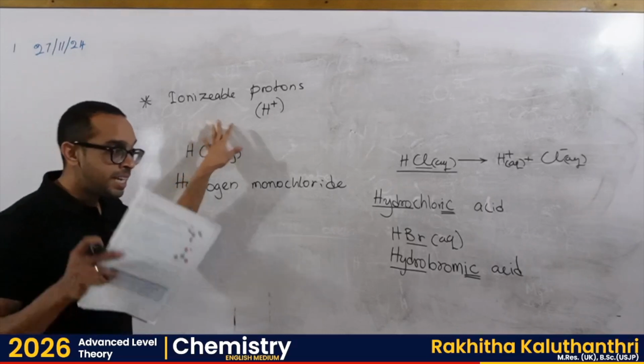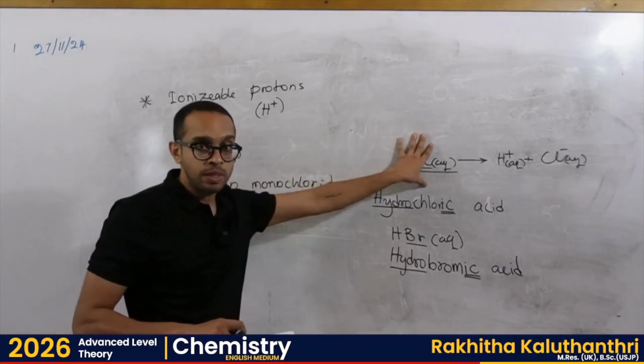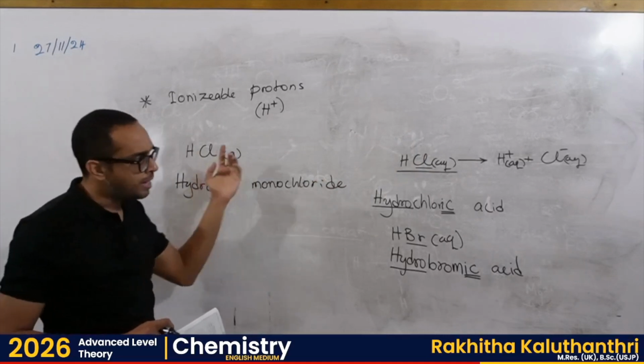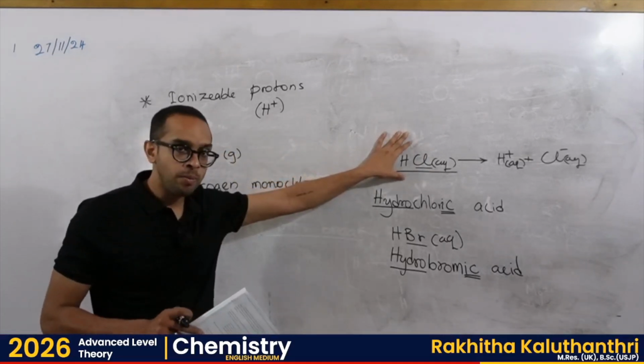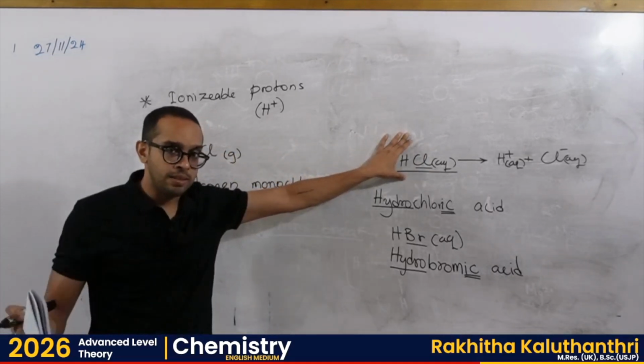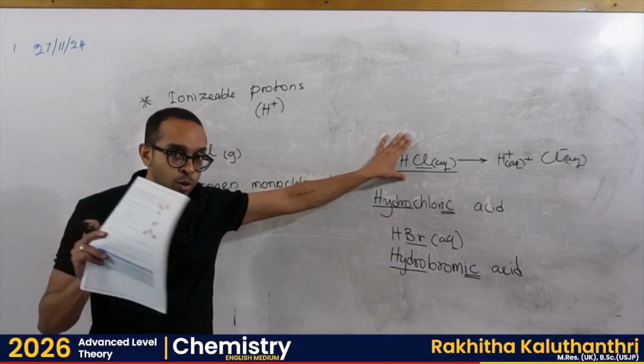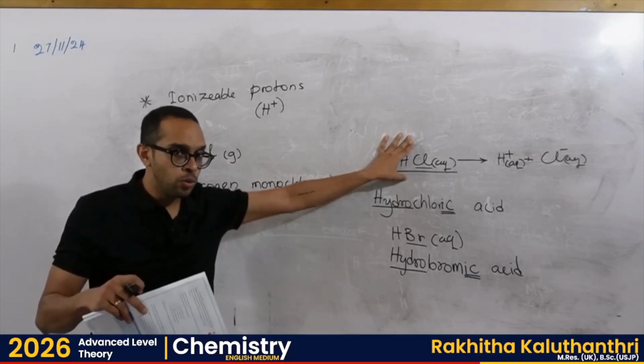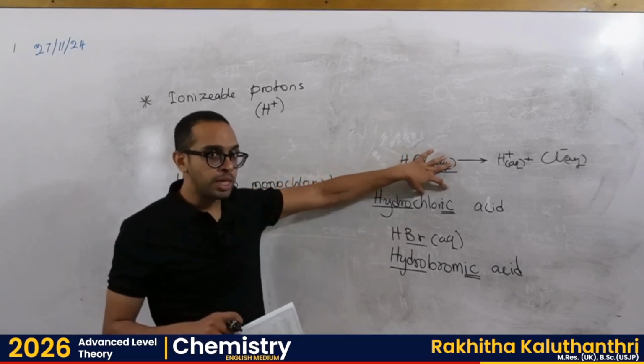However, whenever HCl is present in aqueous medium, it acts as an acid. So its name is no longer hydrogen chloride or hydrogen monochloride. It changes to hydrochloric acid.